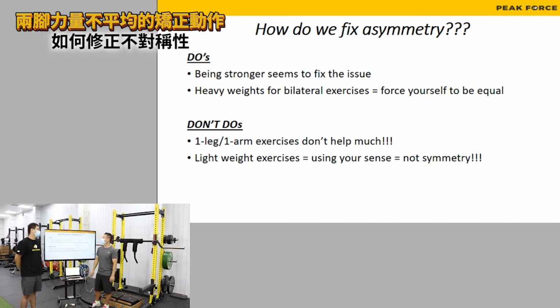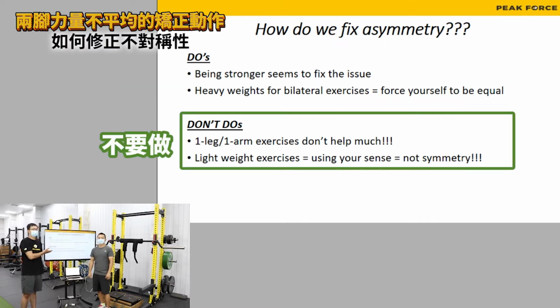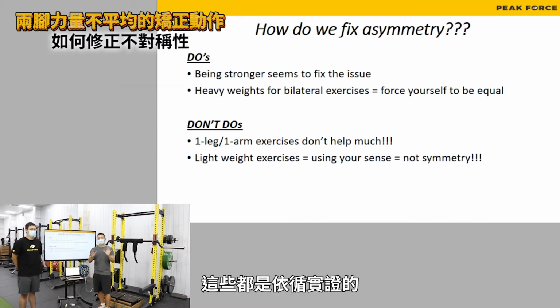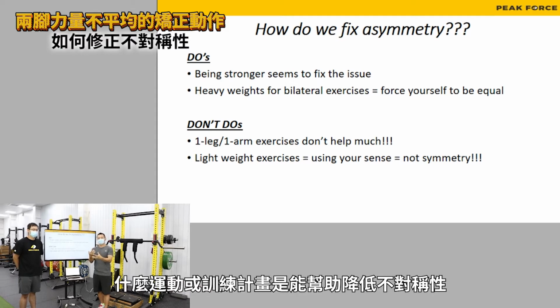So this is all from the evidence base, means that some of us have done some studies to know what kind of exercise or what kind of training program actually helps to reduce the amount of asymmetry.